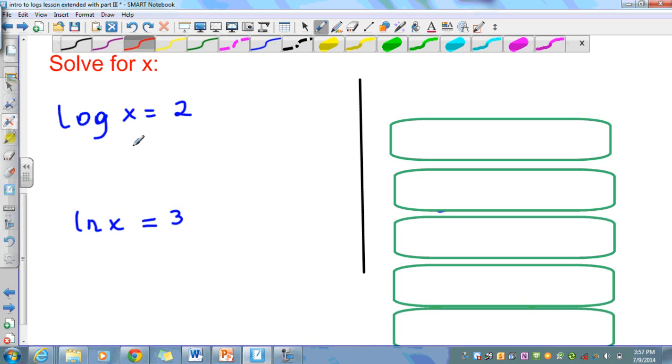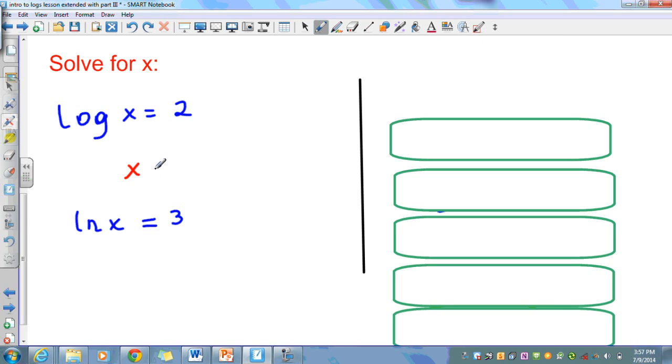The answer will be, as we had seen previously, x equals 10 to the power of 2, because again, the hidden base is 10, and the number you would have to write here is 10 to the second power so that you could get an answer of 2. Or using the little diagram we had, basically 10 to this power will equal to that. And so you can write x equals 10 to the power of 2, or simply 100.